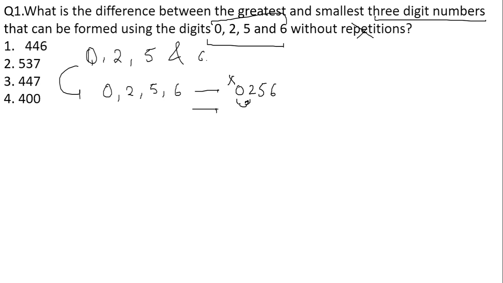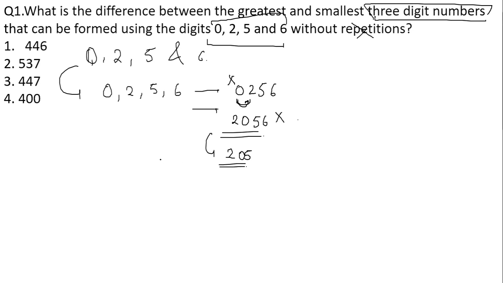Just interchange the first and the second number over here, that is 2056 is going to be your smallest number, right? But here they have asked us for the smallest 3-digit number, not a 4-digit number, so this is not going to come here. The smallest 3-digit number is going to be 205. This is the smallest one.